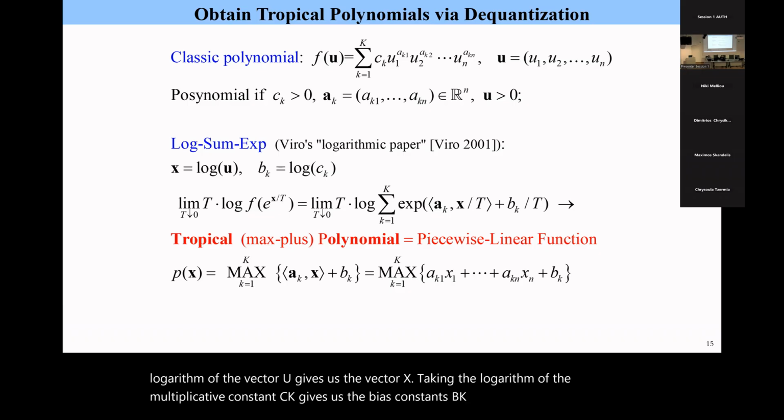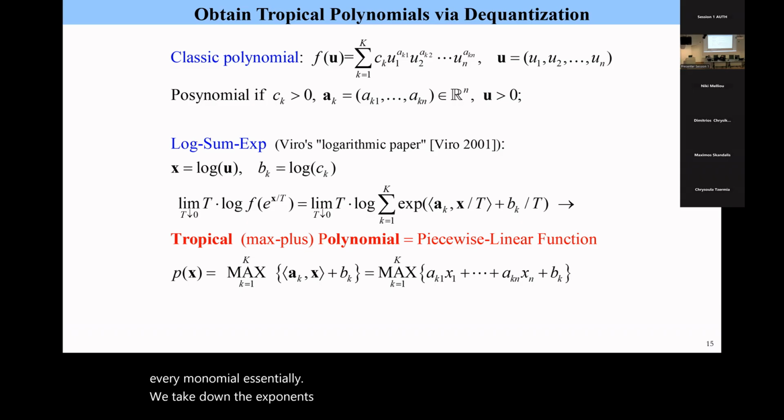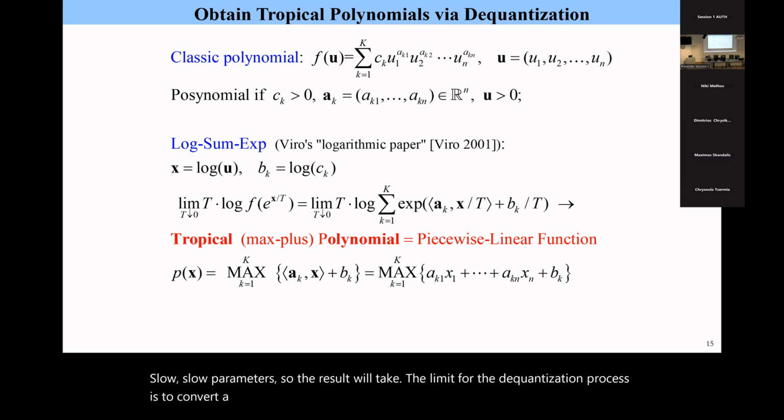And then by taking the log of every monomial, essentially we take down the exponents, ak, and we make them slope parameters. So the result, when we take the limit for the dequantization process, is to convert a classical polynomial into a max plus polynomial, or let's call it simply tropical polynomial.